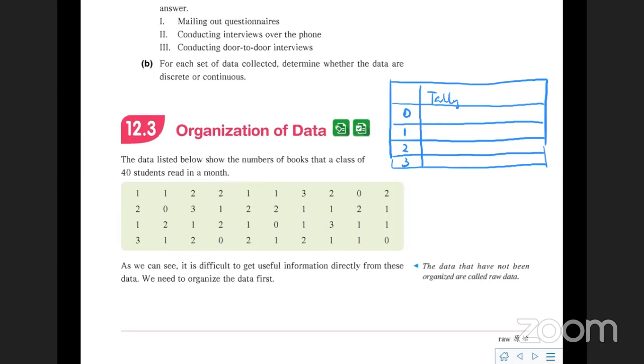Right. Then in this case, you look at the first one. Do you know what I'm going to do? Then in this case, you can make sure that you would not miss any data.